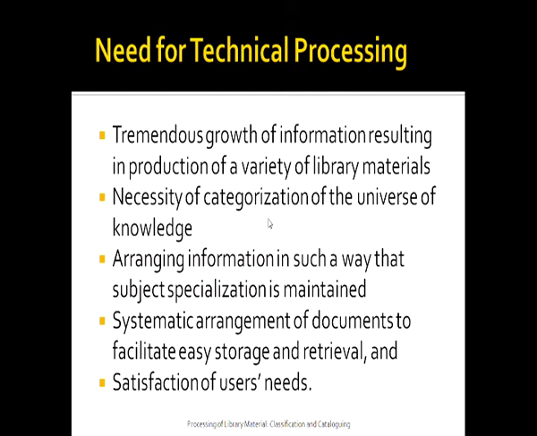In addition to this, systematic arrangement of documents to facilitate easy storage and retrieval. So, it is here that cataloging comes to our help. And besides this, satisfaction of users' needs, because users who come to the library are to be satisfied, because whatever material they require has to be provided.